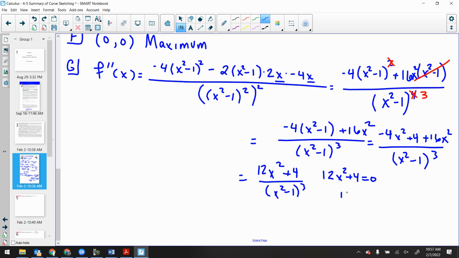But watch here. 12x squared is equal to negative 4. X squared is equal to negative 4 twelfths. When I go to square root that, what's going to happen? Non-real. So that does not exist. Nothing there. But you also must consider where the denominator equals 0.